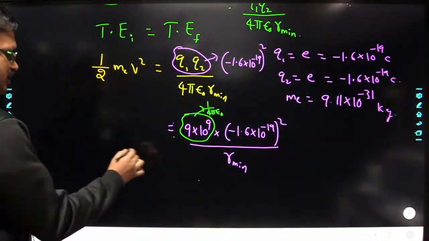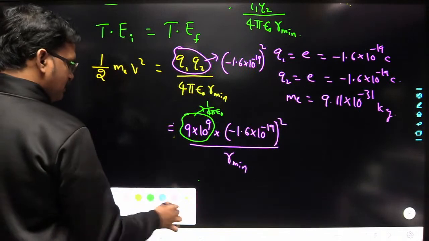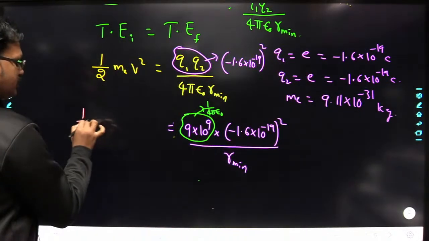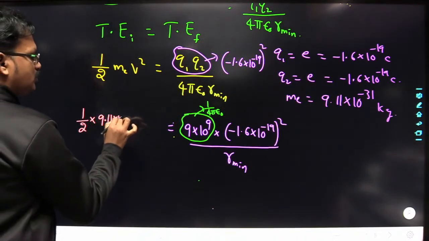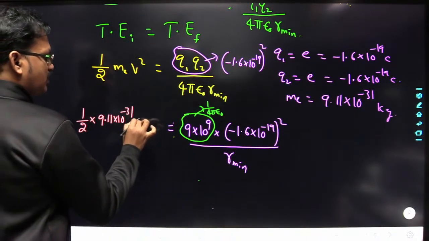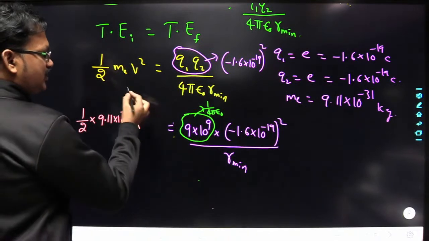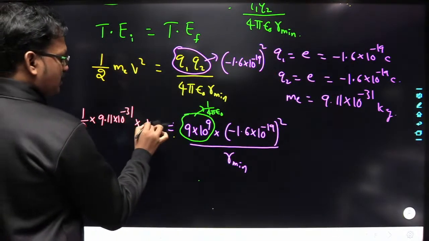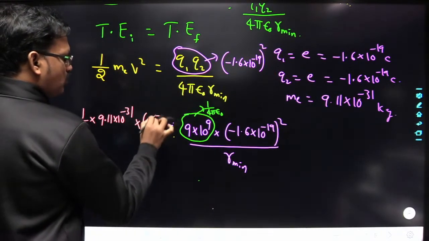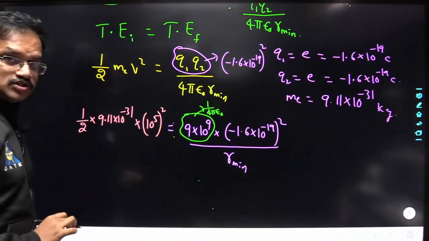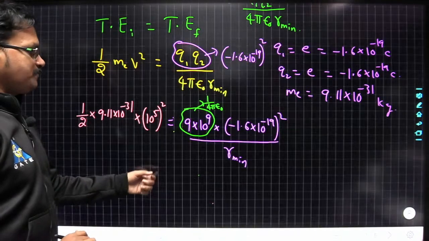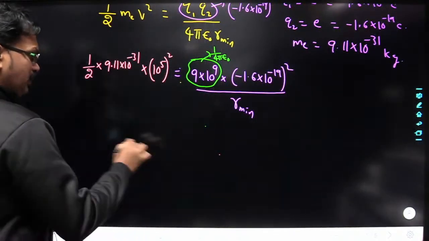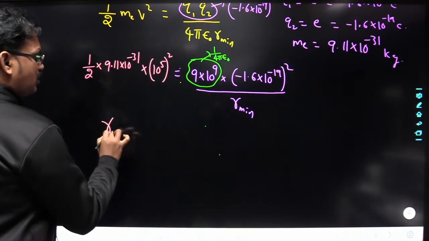Next, on the RHS, half m e v square, that is half into the mass of electron, 9.11 into 10 to the power of minus 31 kg, into v square. V is how much here? 10 power 5 meters per second. So that is 10 power 5 whole square. Understood? So this is the initial kinetic energy. From here you can determine R minimum.